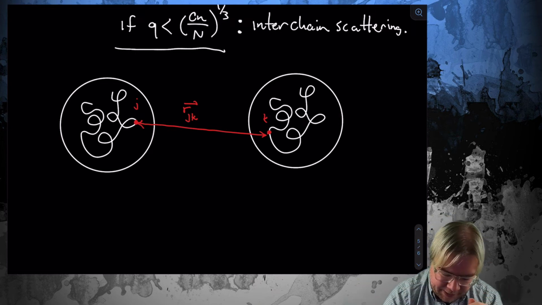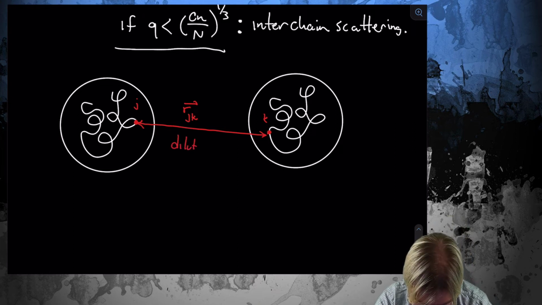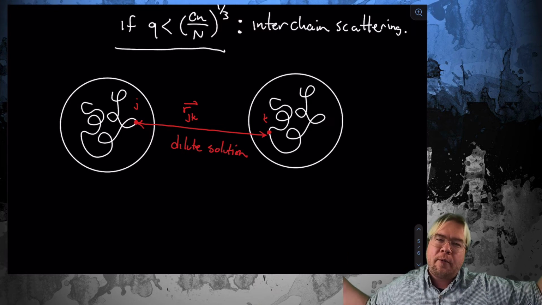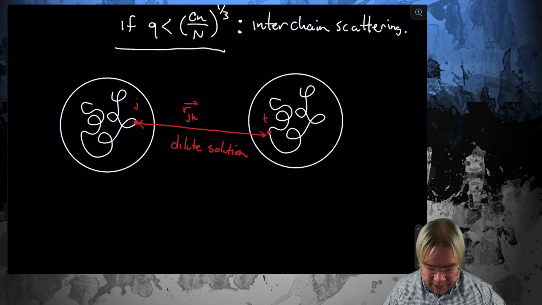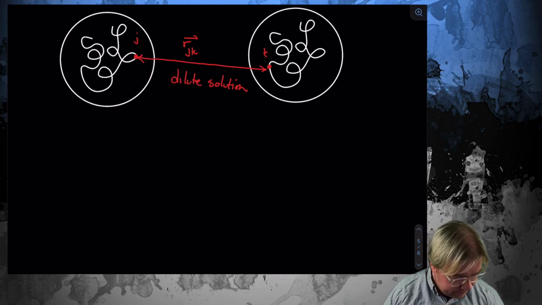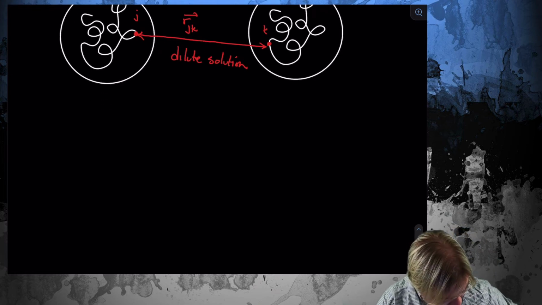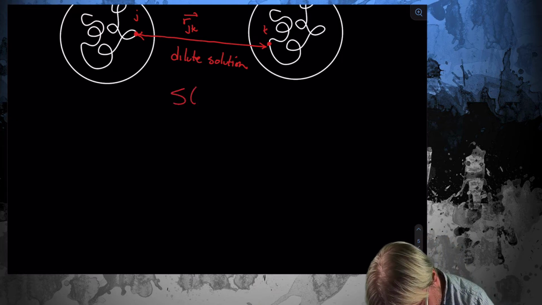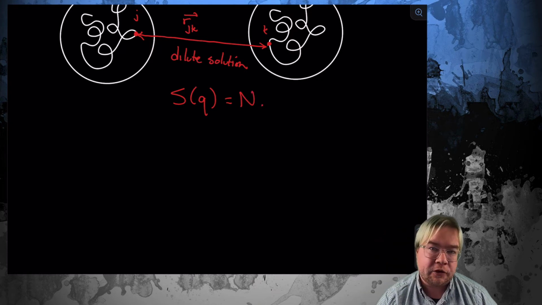So in this case, this is why we focus on a dilute solution, because these polymer chains are going to be so far apart, and the distances between them are going to be so big that this will not contribute. So in other words, in this region, S of Q will just equal N like we described above.